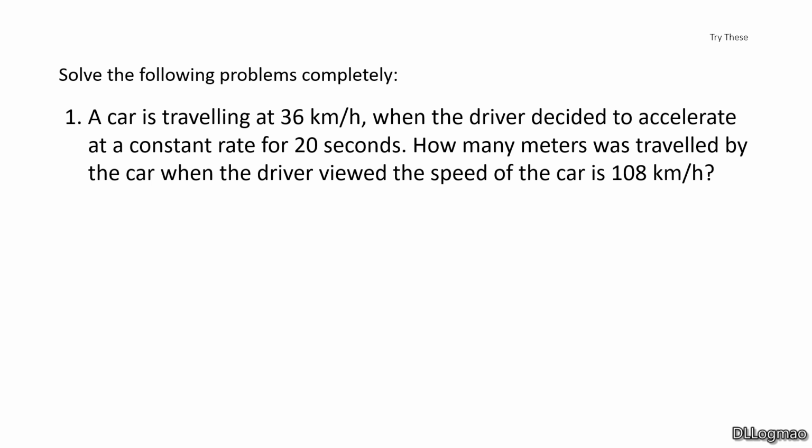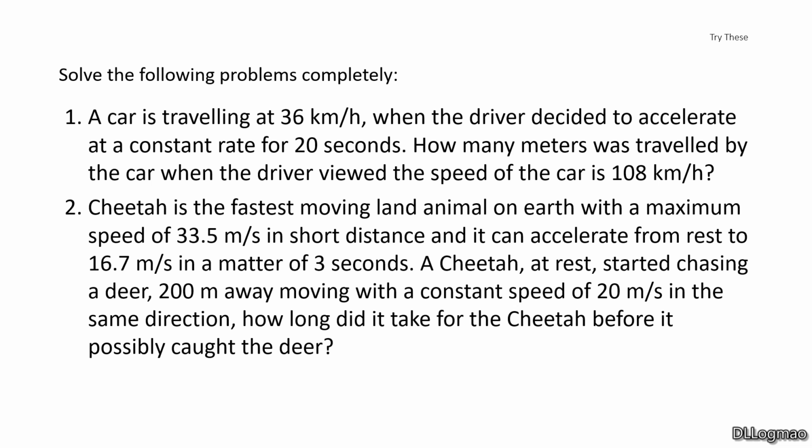And for problem number 2, the cheetah is the fastest moving land animal on Earth with a maximum speed of 33.5 meters per second in short distances. And it can accelerate from rest to 16.7 meters per second in a matter of 3 seconds.